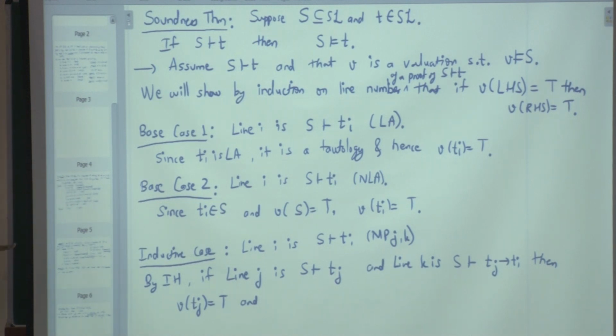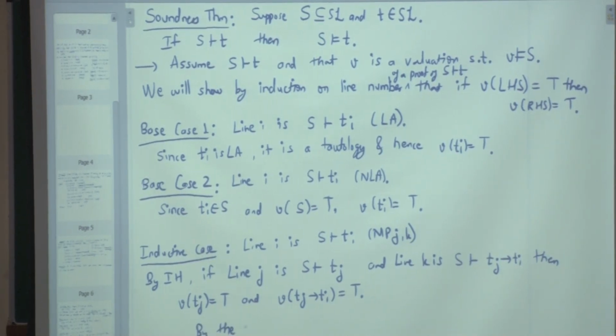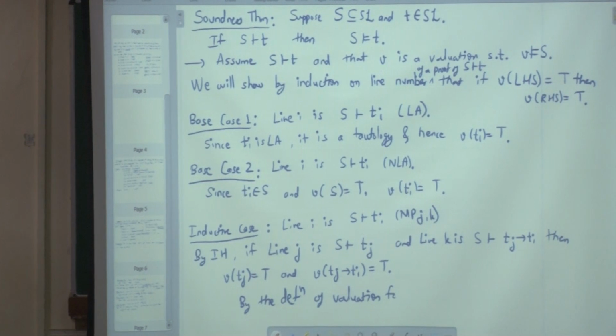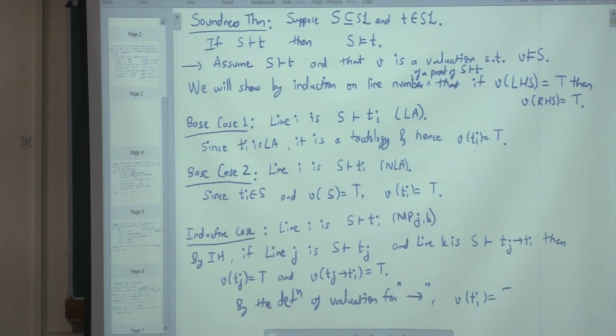So V of Tj is true and V of Tj implies Ti is true. If V of Tj is true and Tj implies Ti is true, what can you conclude about Ti? By the definition of valuation for implication, V of Ti is also true. So we proved the inductive case.